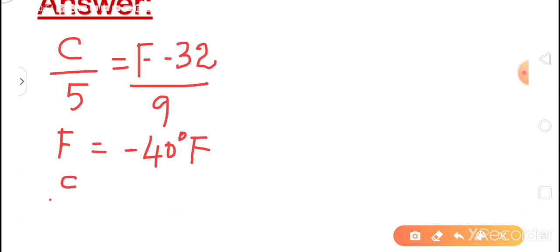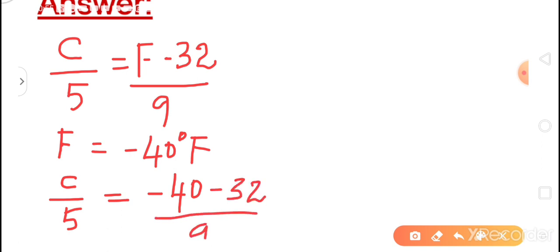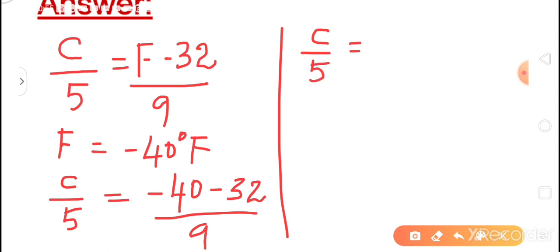Then we can write C by 5 is equal to minus 40 minus 32 divided by 9. Here two minus signs are together.